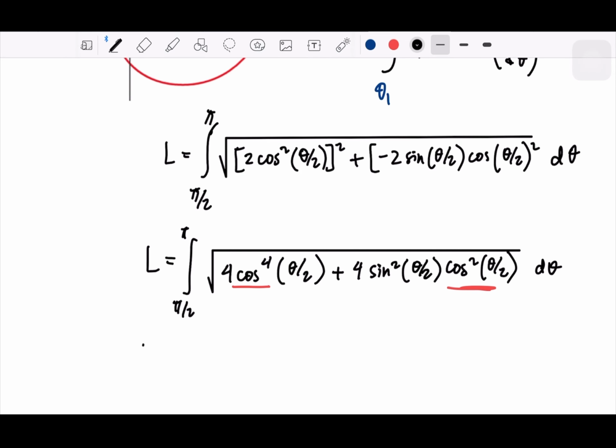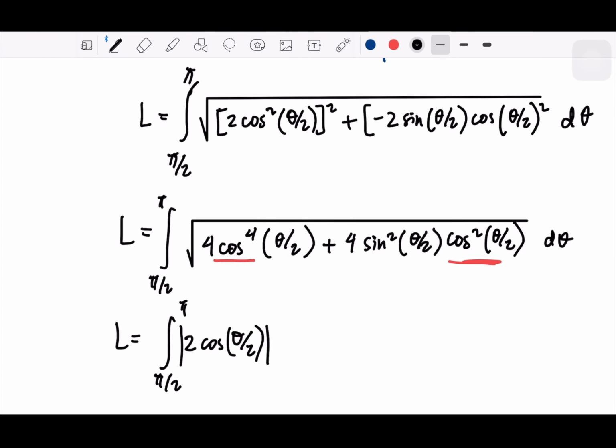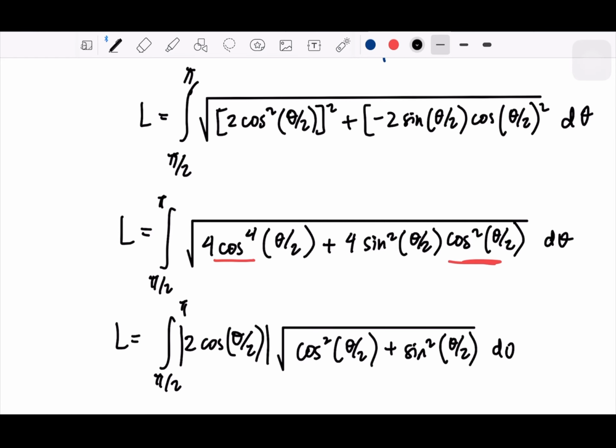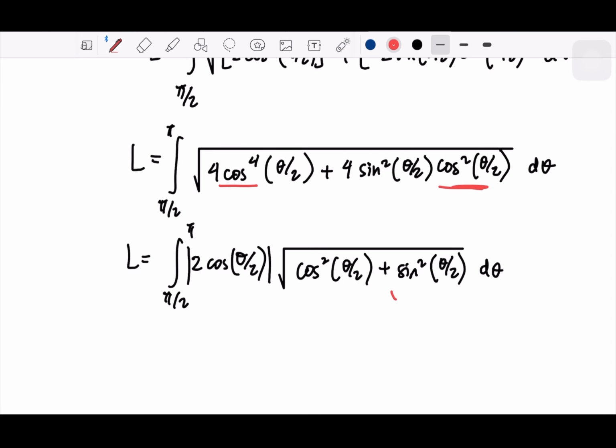Cos squared we can write as 2 cosine theta over 2. If you want to make sure this is positive, we can take the absolute value, but removing it is also fine, I think. Then take cosine squared theta over 2 plus sine squared theta over 2, which equals 1, right?